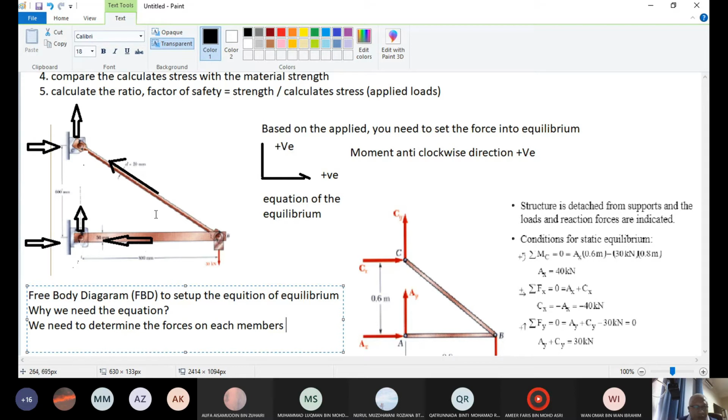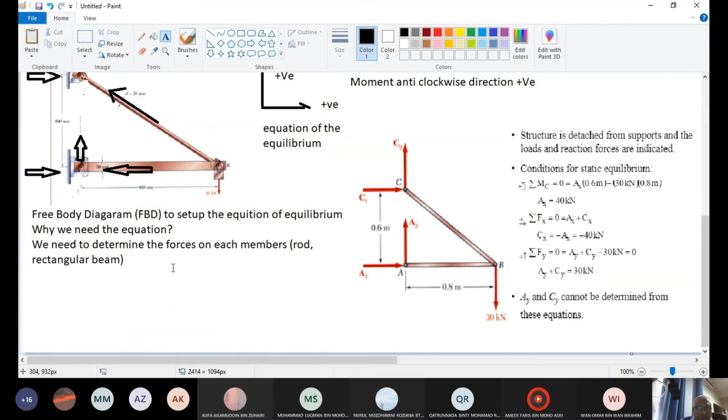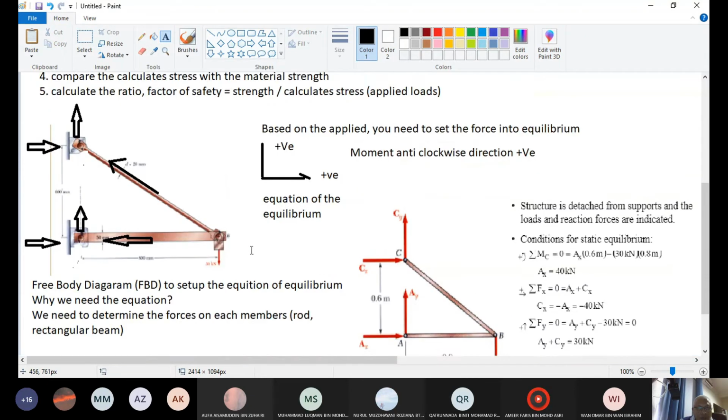Two members here: we have the rod and the rectangular beam. Why do we need all the forces?